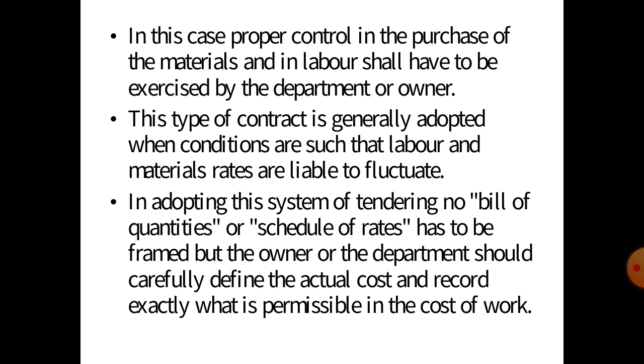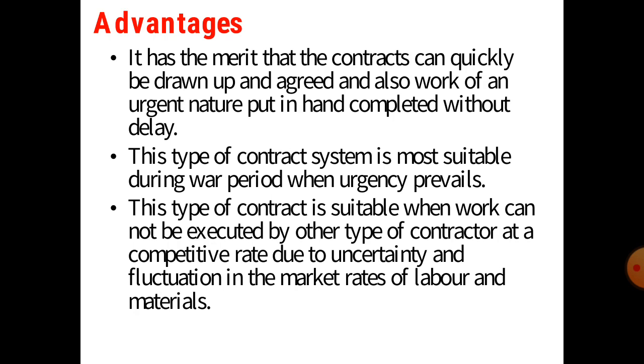And in adopting this type of system of tendering, no bill of quantity or schedule of rate has to be framed, but the owner or department should carefully define the actual cost and record exactly what is permissible in the cost of the work.